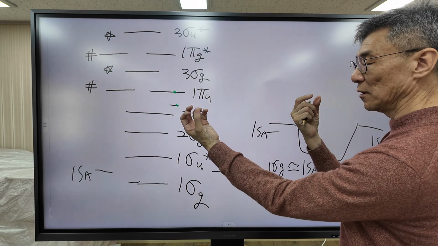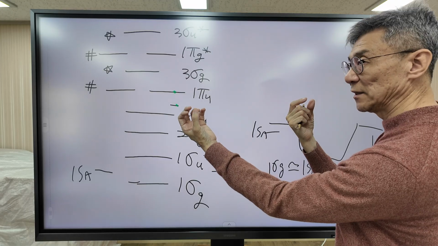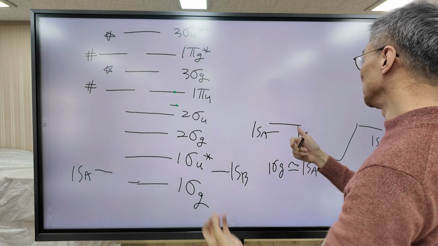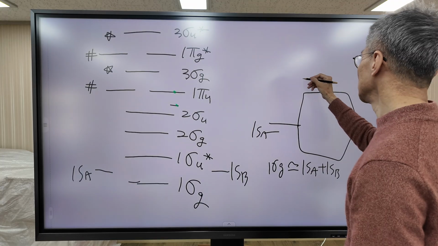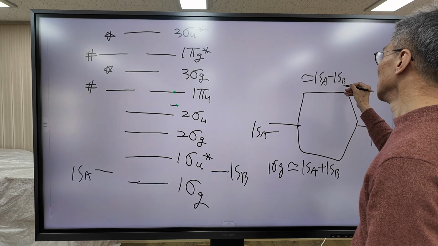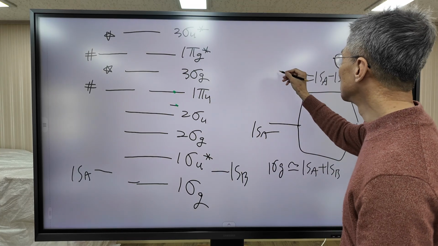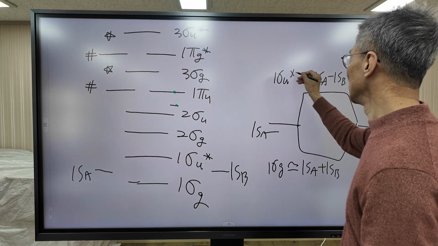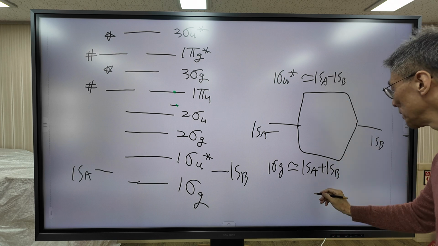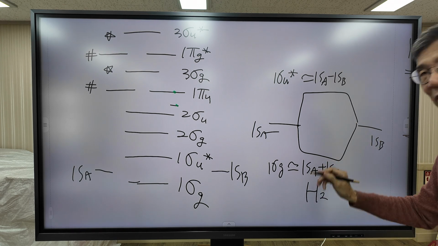And these two atomic orbitals interfere destructively to form an anti-bonding orbital, which is 1 SA minus 1 SB. This leads to the 1 sigma u star orbital. This is the MO diagram of H2.